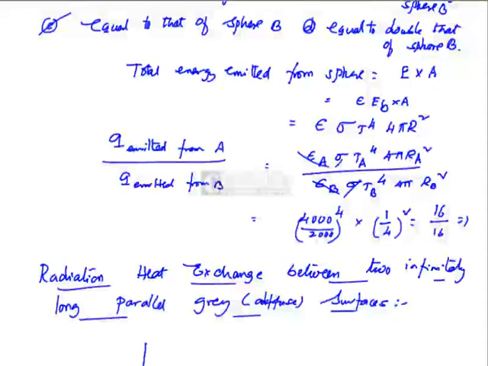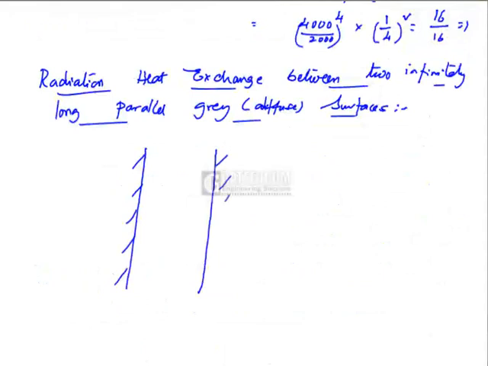I consider two infinitely long parallel gray surfaces having emissivities epsilon 1, epsilon 2. This is surface 1, this is surface 2. Please note that surface 1 is looking at surface 2 and vice versa. The backside surfaces are not involved in the radiation heat exchange problem.